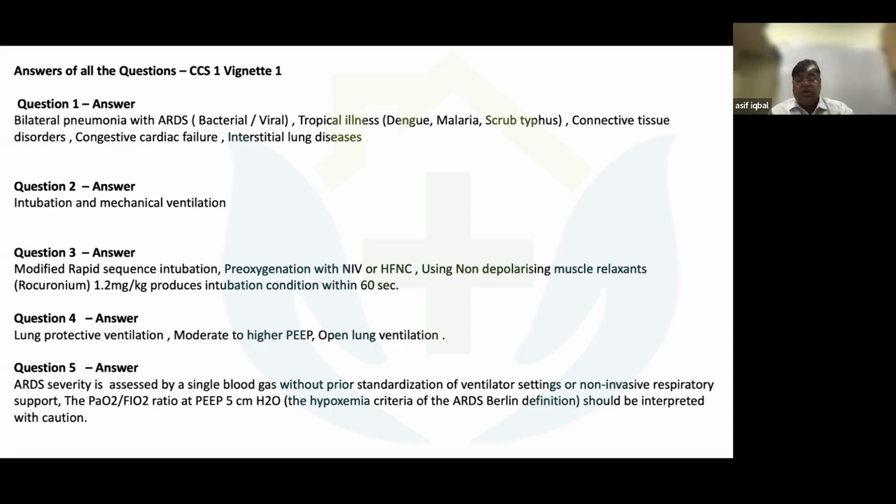Even in India, district level hospitals don't have ABG facility, so PaO2/FiO2 you can't measure. But SpO2, every nursing home, every small setup, every hospital has. So that's why the new amendment is the SpO2/FiO2 ratio, which they have included in the definition.